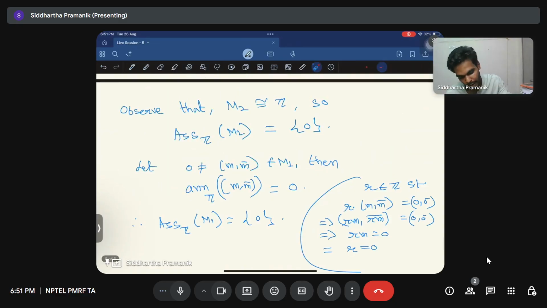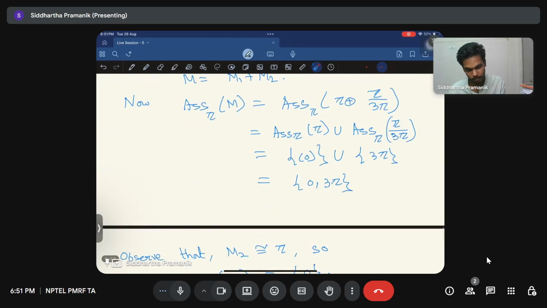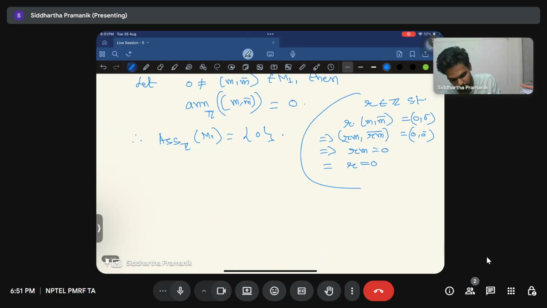So both M1 and M2 have associated primes only 0, but M has two associated primes. So we are not getting equality here. The associated primes of M properly contain the associated primes of M1 union the associated primes of M2.